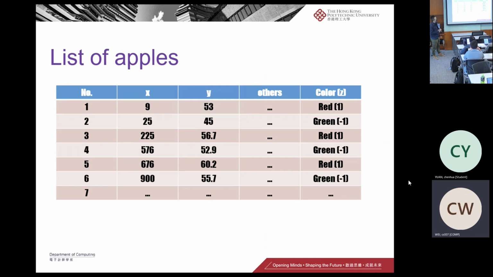They are not telling you it's a red apple or green apple, but we hope they are correlated. We just collect as much as possible. At the same time, we can open some boxes to see what's inside. Then we can put that as a label for the boxes we opened, right? So we have this table.